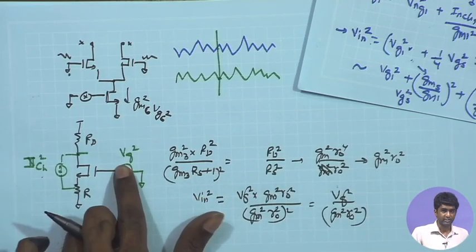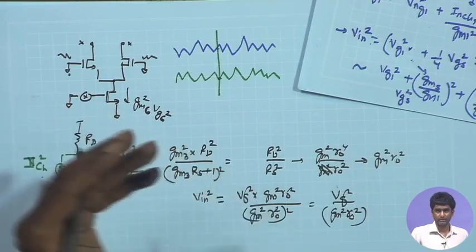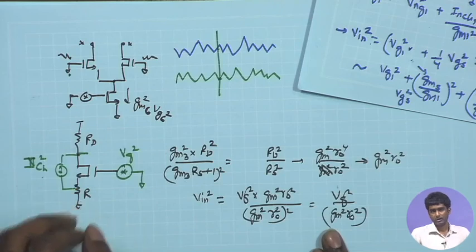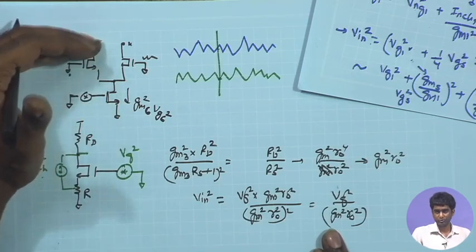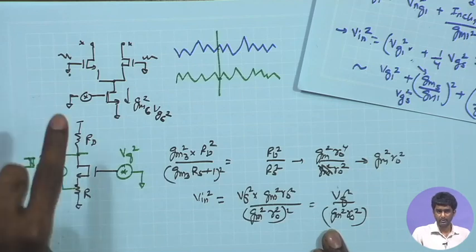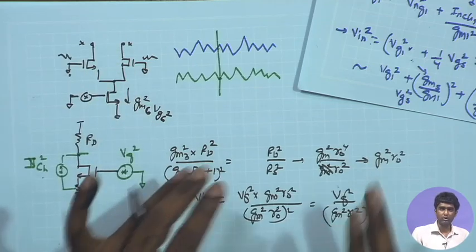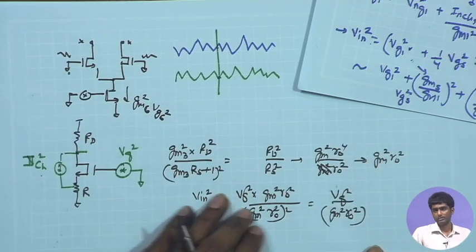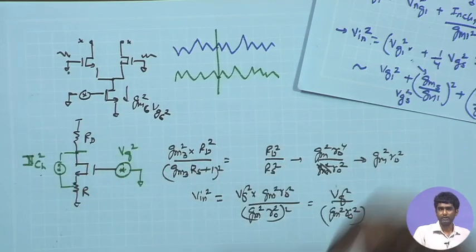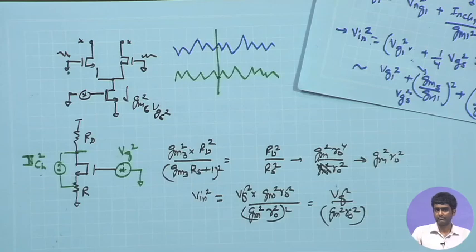So VG is getting multiplied only by gm RO, whereas the gate noise voltages of the devices connected to VDD and ground, in our case M2 and M5 and M1, are getting multiplied by (gm RO) whole squared, and as a result the noise contribution of these two can be ignored as compared to the noise contribution of M1, M2 and M5.